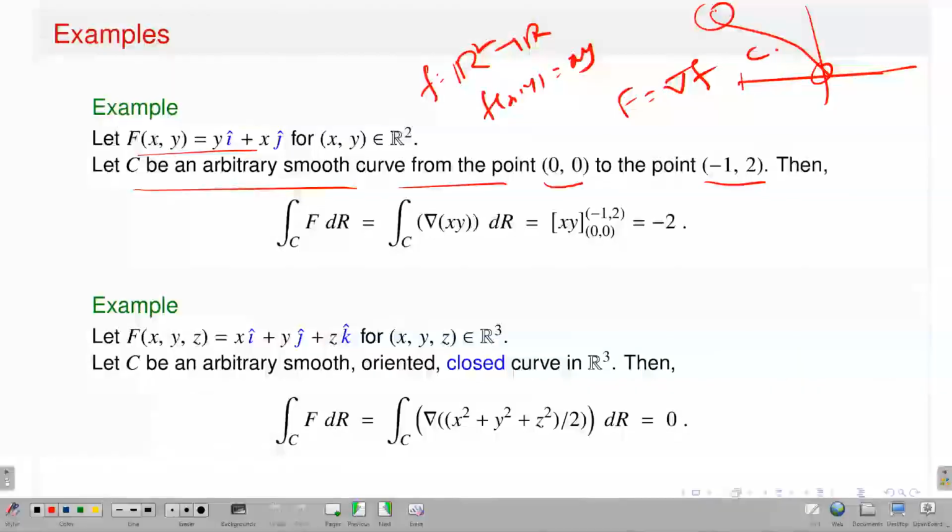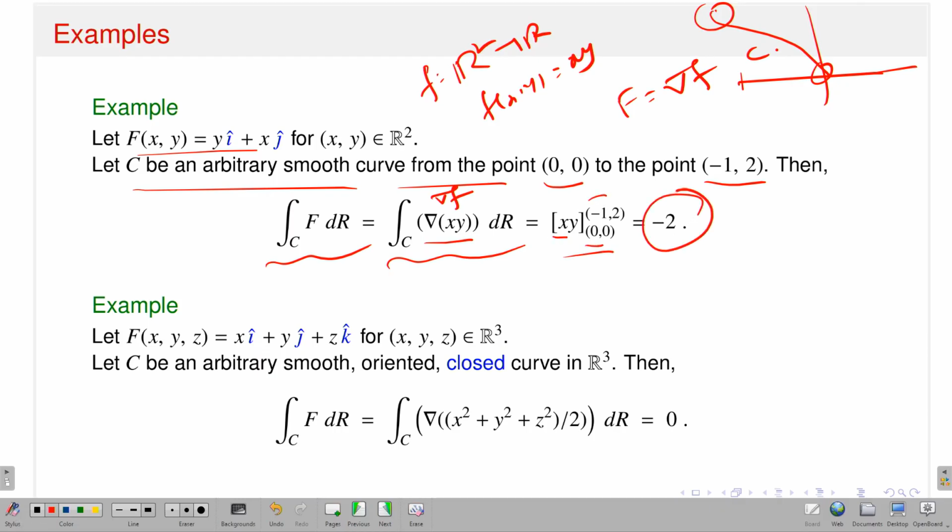That is exactly what I have done here. The integral over C of F dr is the integral of the gradient of xy, this is my grad of f. And this is nothing but the scalar potential xy evaluated from the point (0, 0) to (-1, 2), which is nothing but -2. So this is just an application of the earlier theorem. Okay, that is fine.